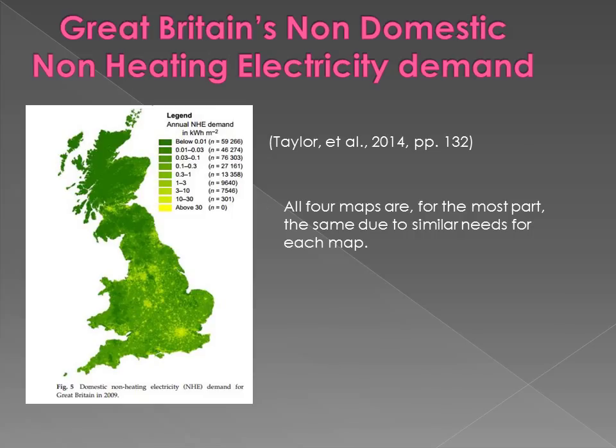On this next slide, we have one of those heat maps. All 4 maps are, for the most part, the same due to the similar needs for each map. You can see throughout Great Britain, or the UK, as they say, the different data for this heat map as it pertains to heating.